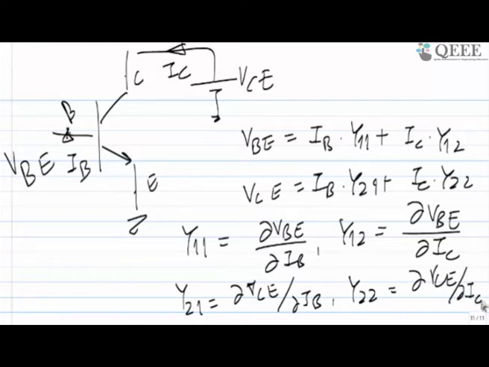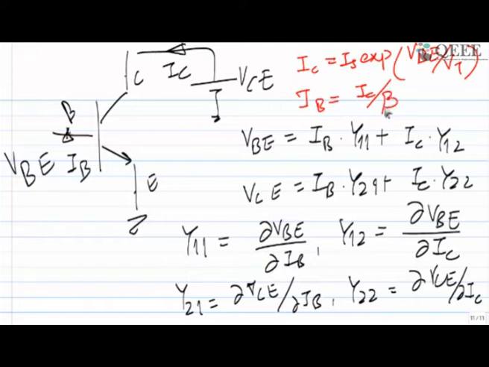So if you remember our first equation, which is this one, and IB is equal to IC by beta. In both these equations, IC does not appear anywhere, and there is no VC.